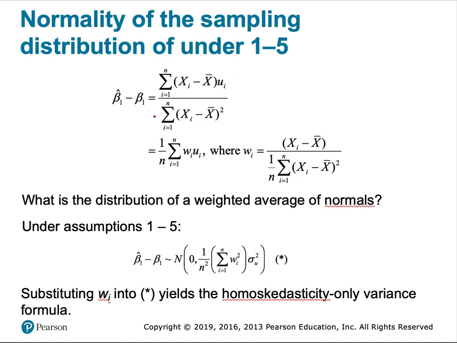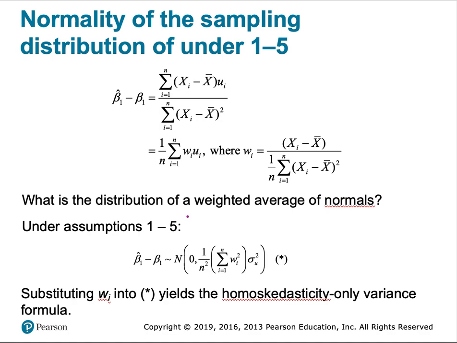This should be familiar by now, and we can rewrite this expression as 1 over n times the sum from i equals 1 to n of w_i times u_i, where w_i is the ratio of x_i minus x bar over 1 over n times the sum of x_i minus x bar squared. This is how we're defining w_i, and w_i is the OLS weight on the residual.